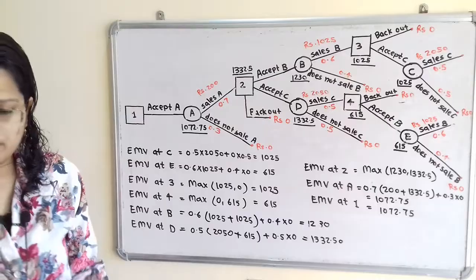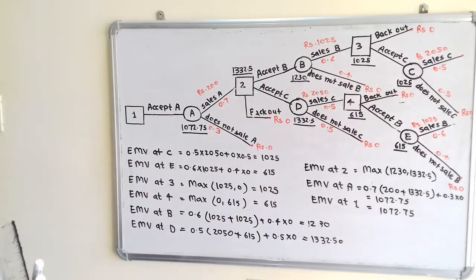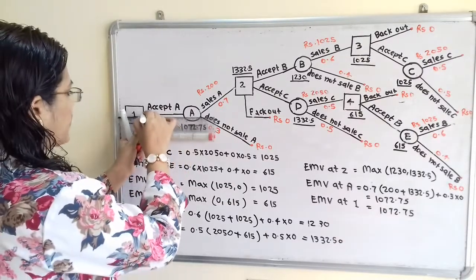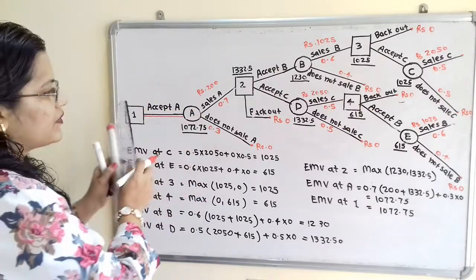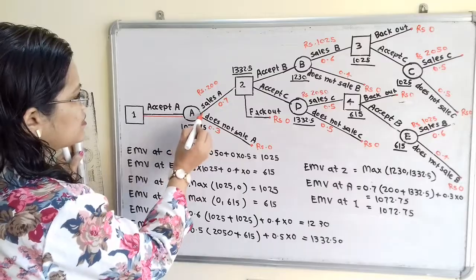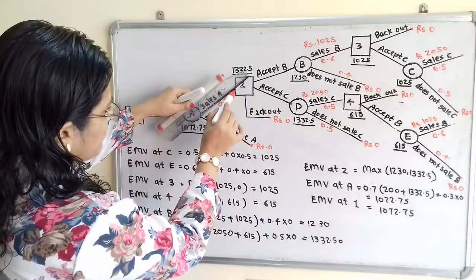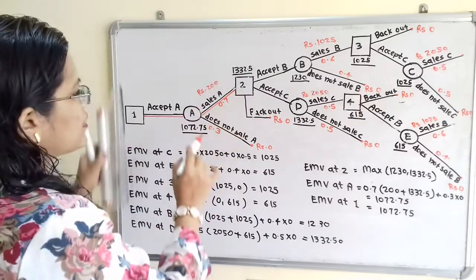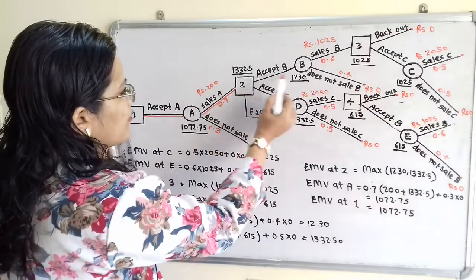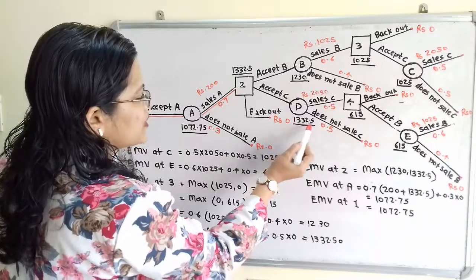Now we will highlight these lines with the maximum expected monetary value, and that will be our optimum path. If we observe here, we have to take the first decision, that is we have to accept the offer A. Then if we compare these two, we have to select this path, that is sell A. Now from these two, at node B the value is 1230 and at node D it is 1332.